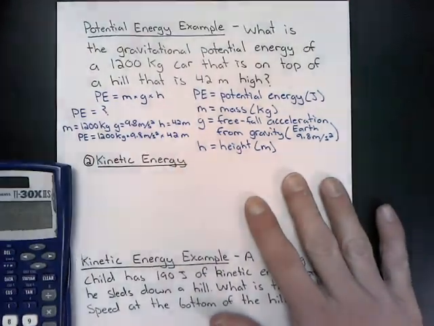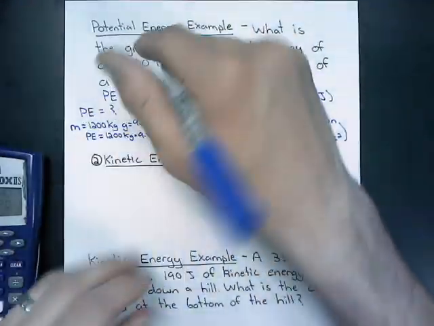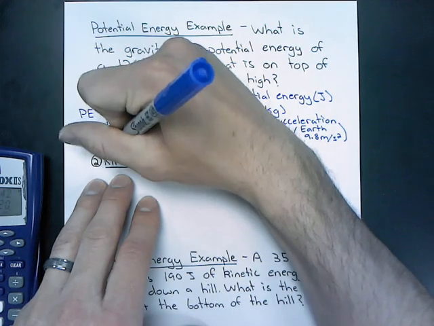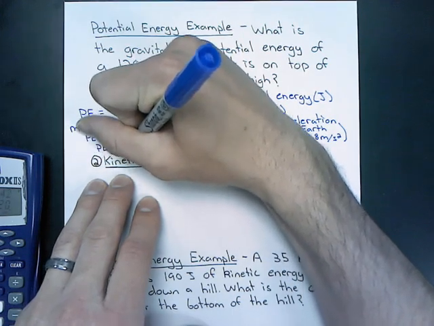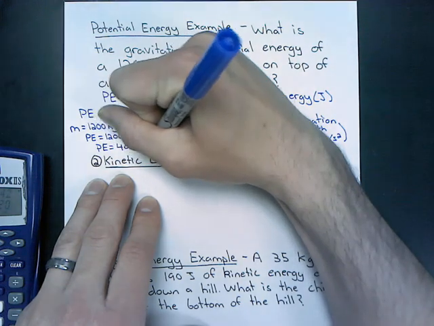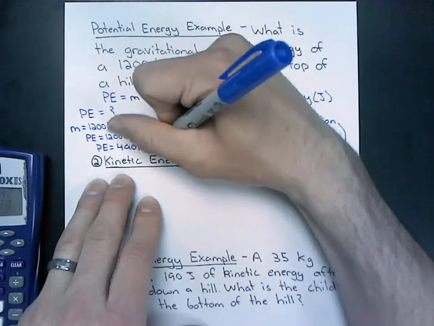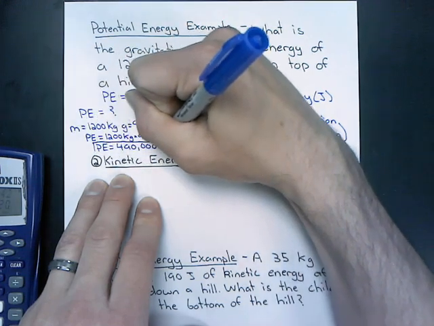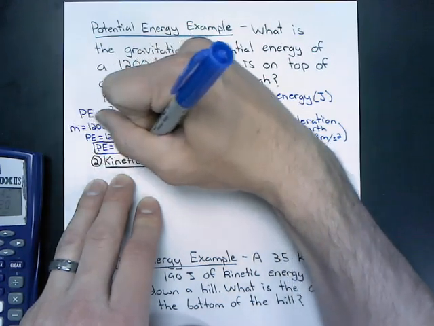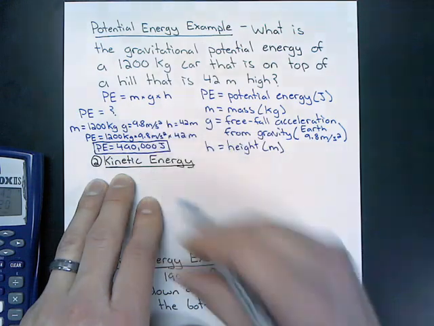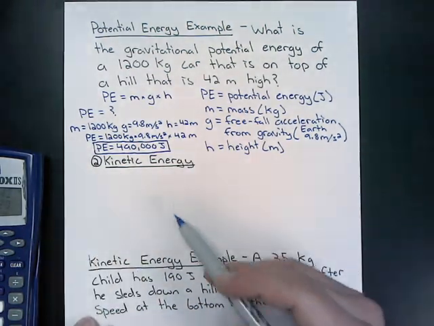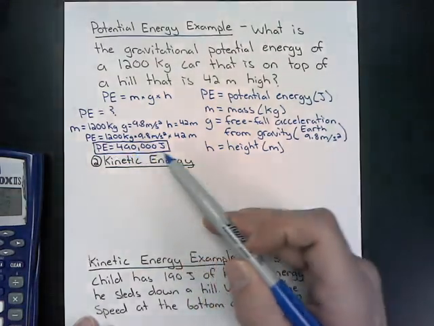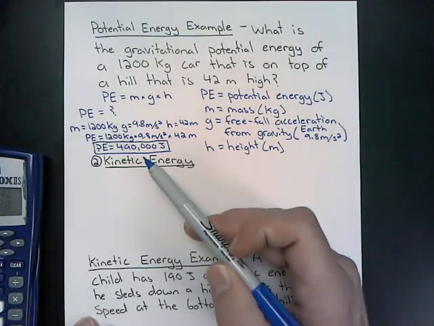So our potential energy is going to be 490,000, and our units for that is J for joules. Now, oftentimes what you'll see here is that this will also be expressed as kilojoules. That makes this number a little bit more reasonable.